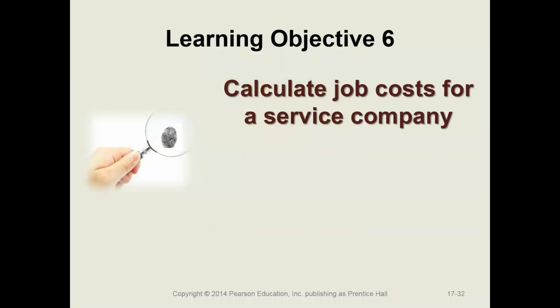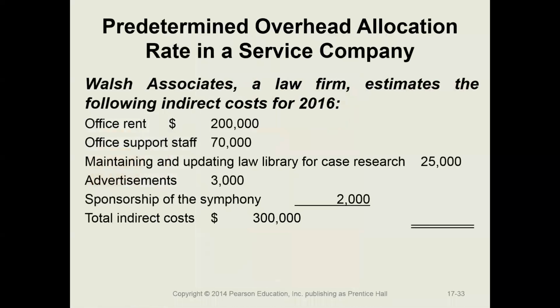Okay, next let's look at the concept of job costing for a service company. Costing for a service company is essentially the same as for a manufacturing company. But let's use this example of a law firm.